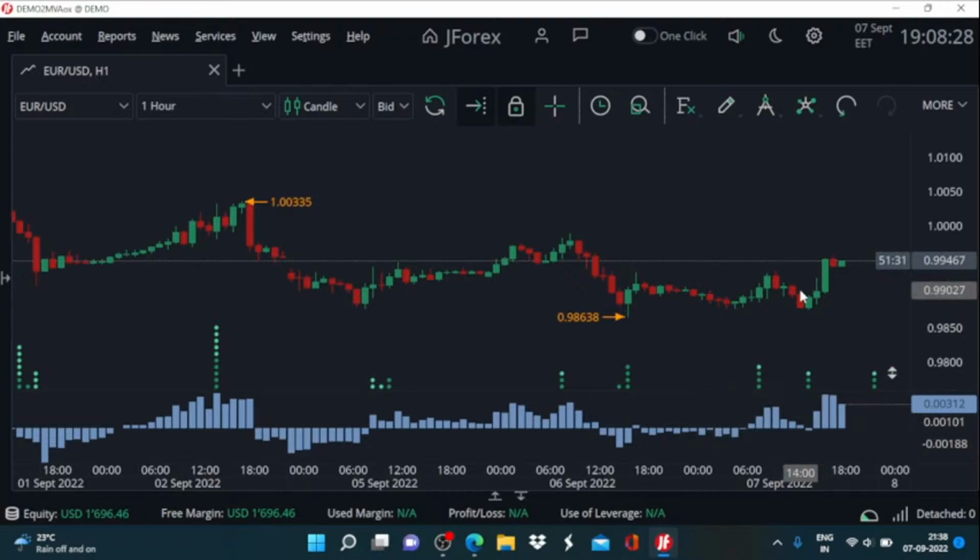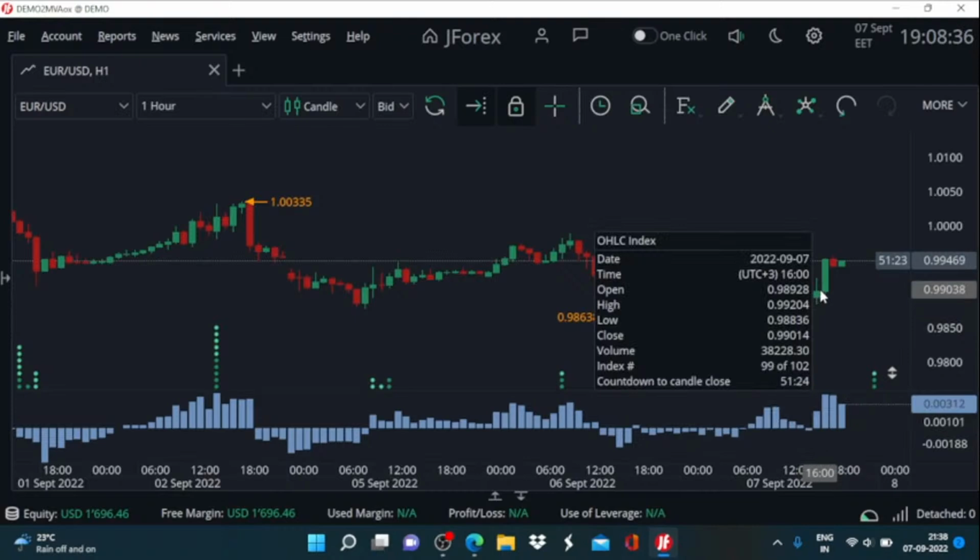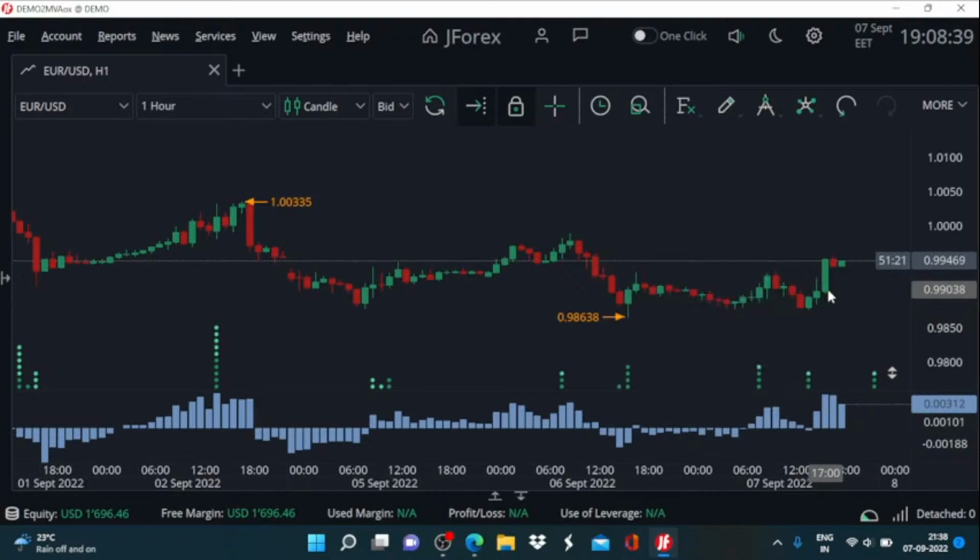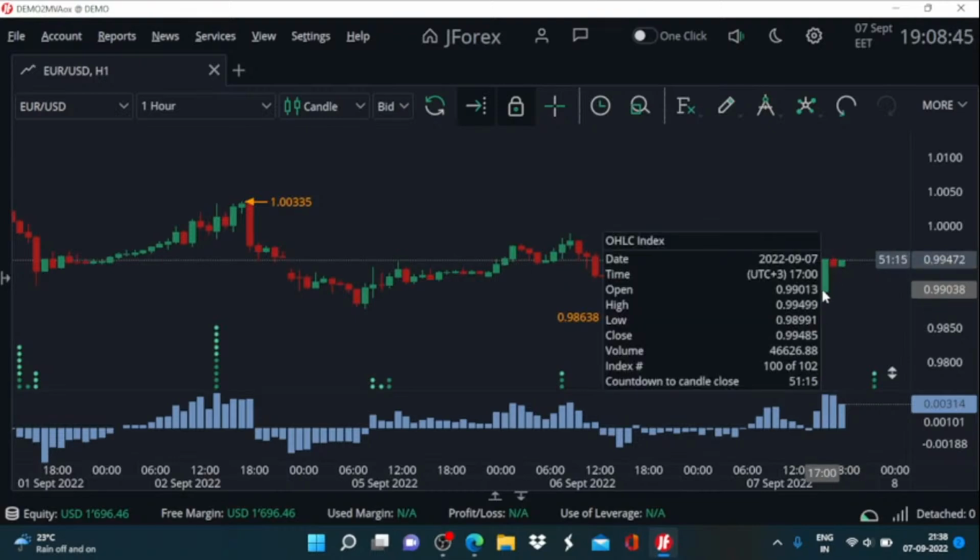So here in today's session, we saw the bull power indicator turning positive at 16 GMT. That's here, and from there on, the Euro USD has gained considerable pips. If we were to enter, we would be now sitting in profit of around 10 pips.